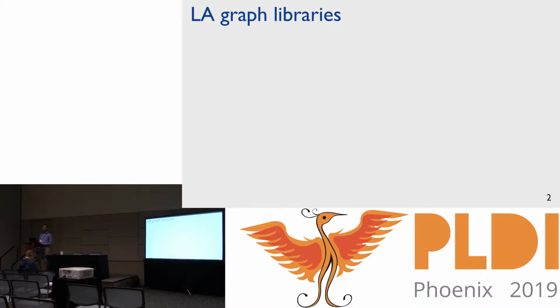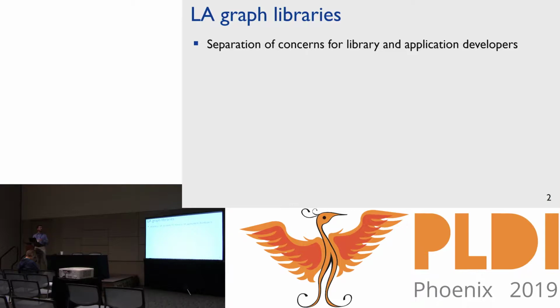More recently, in the graph community, there has been effort in producing an interface which is based on linear algebra formulations, and which is essentially due to a couple of factors. One is the ability to separate concerns between writing the applications and the libraries.